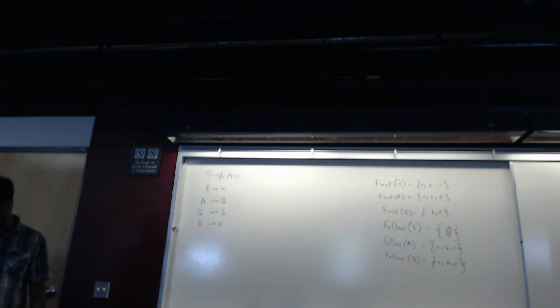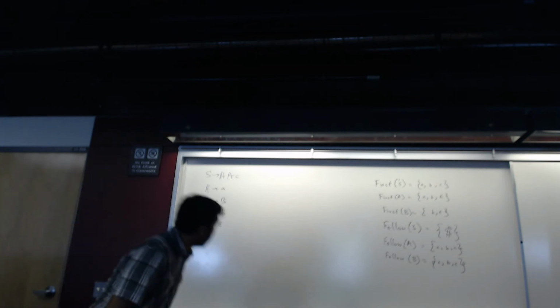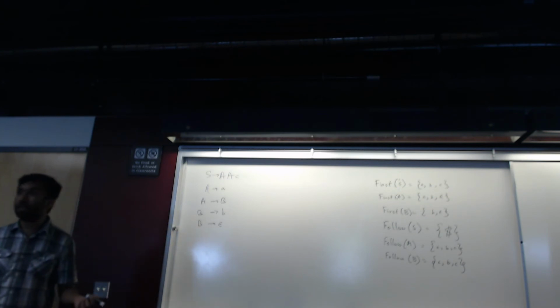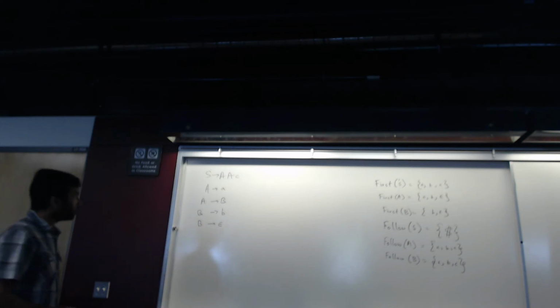So for each non-terminal we have to see, are there any 2 production rules for the same non-terminal? Is there 2 production rule for S? No. There is only 1 production rule. Is there 2 production rule for capital A? There is. So we have to check. So what is the rule?